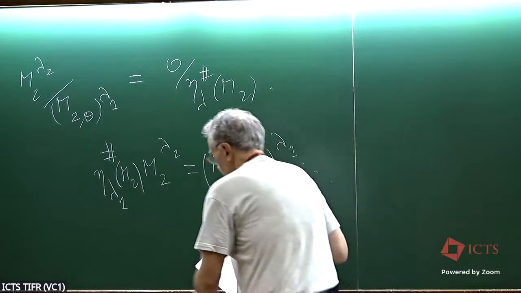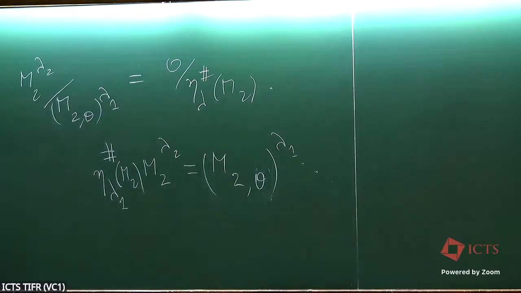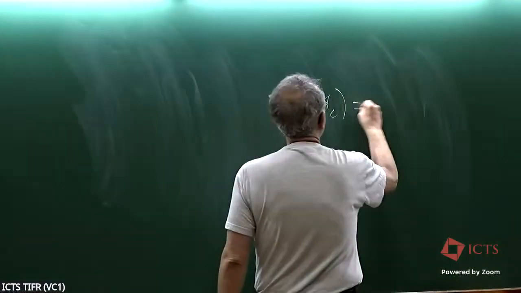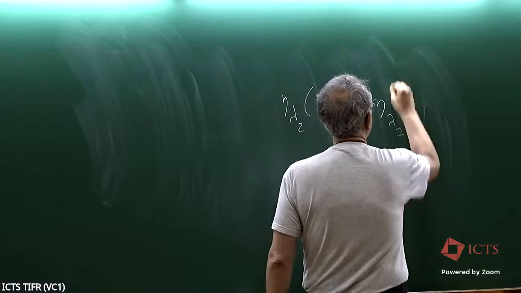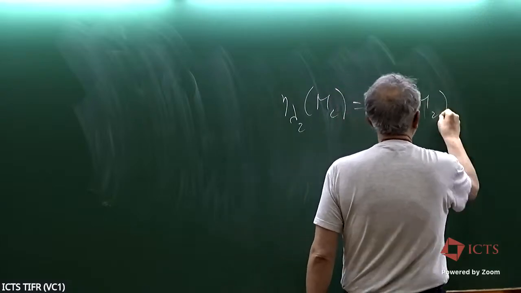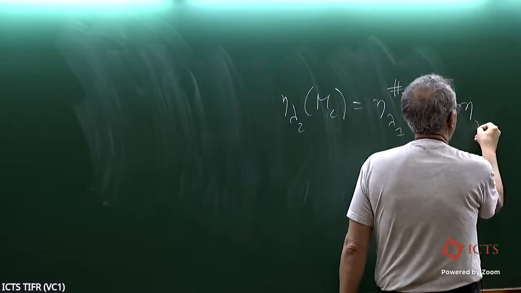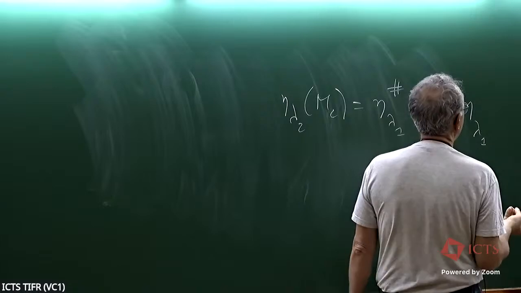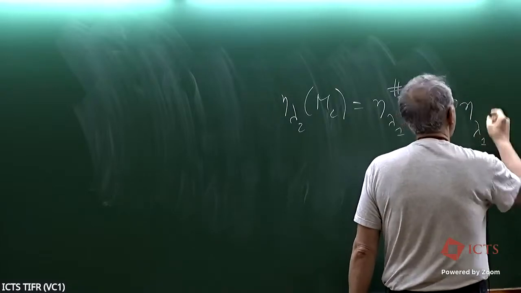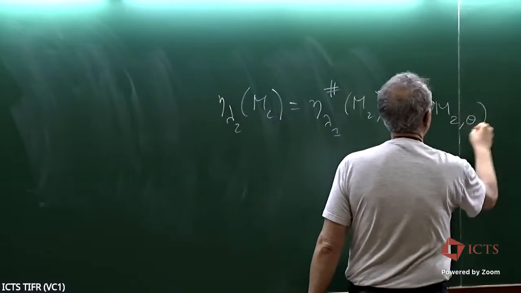Now we have seen also a factorization of the congruence number in this relative situation, namely that eta lambda 2 of M2 is eta lambda 1 sharp of M2 times something which is unfortunately not exactly what you would like to have, something like eta lambda 1. You get eta lambda 1 of some module which is M2 theta.